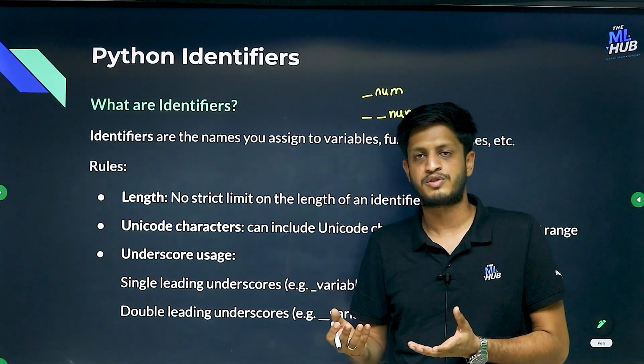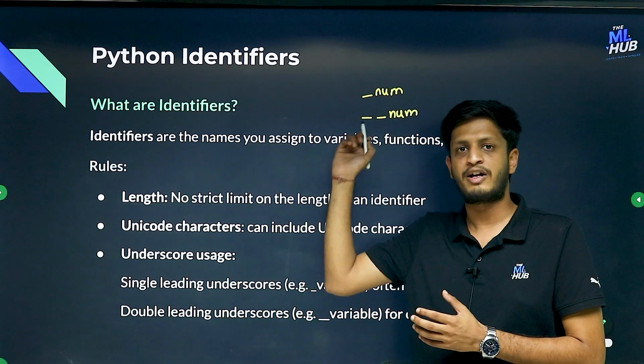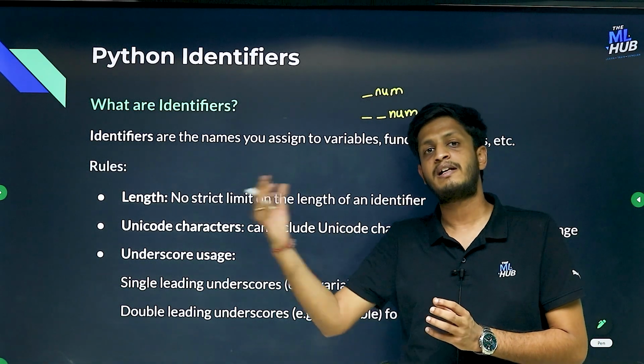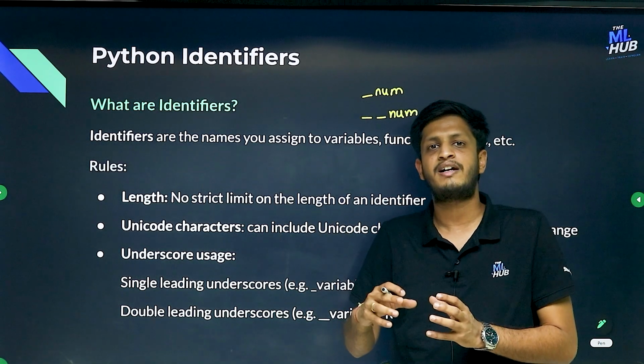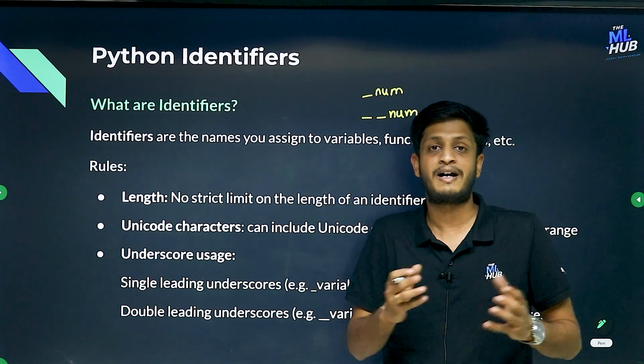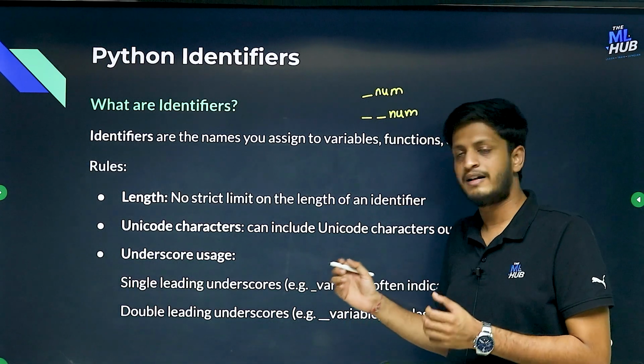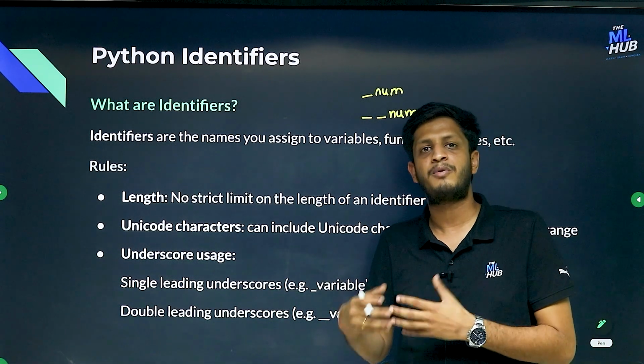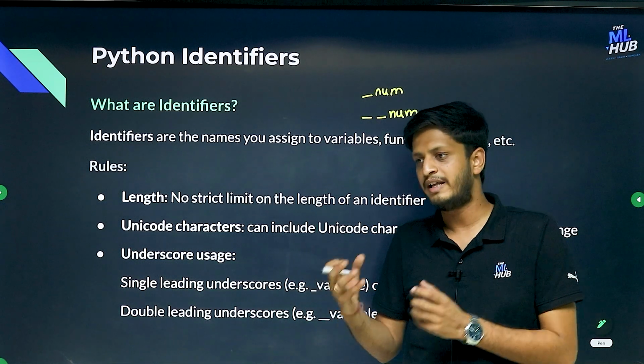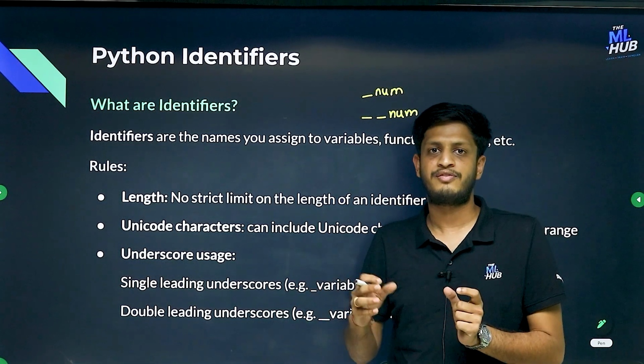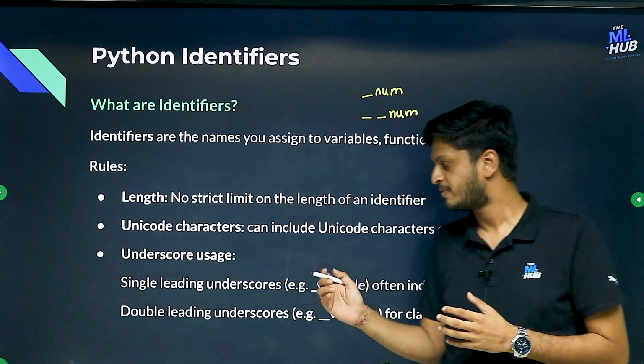That is not for your usage. So inside your program, if you are creating a variable like this, if someone else looks at your program, they might think that you have created a variable for internal usage, but you might not have. Again, it is not a strict rule, but generally the programming community follows this, and they only name variables starting with an underscore if they are used for internal usage.